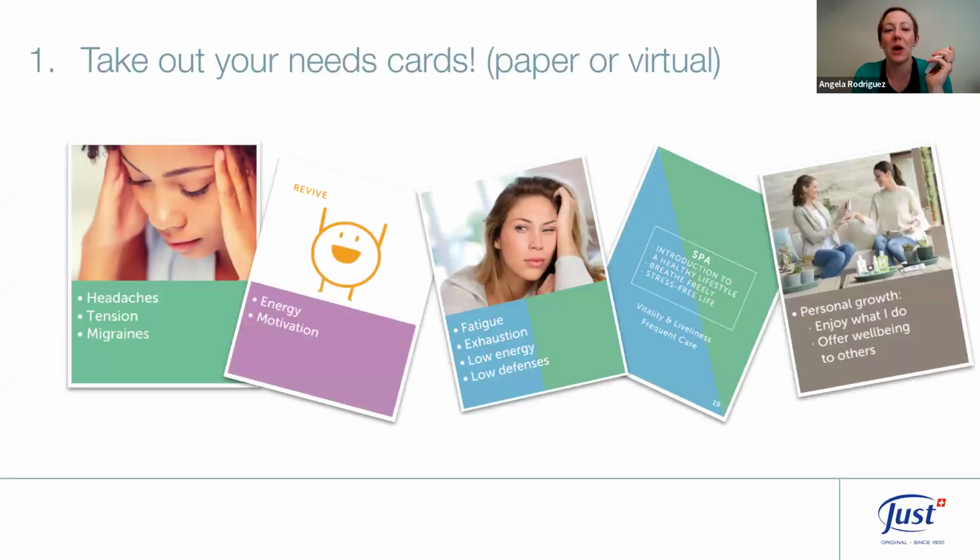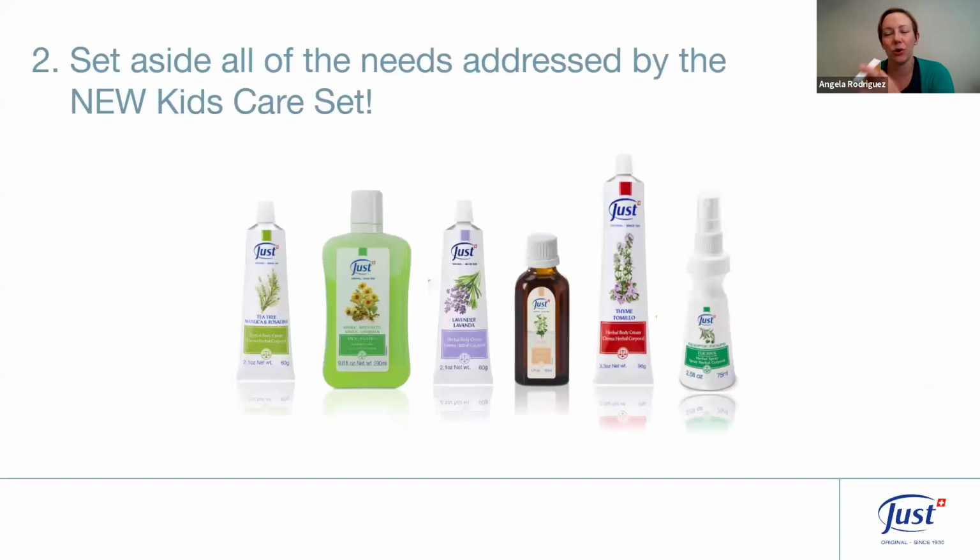I would like everyone to take out your needs cards. They can be paper or virtual. If you don't have either of those available, go ahead and grab a sheet of paper and you can brainstorm them just off the top of your head. We're going to shuffle through them and make a list, or you can just set them aside. If you've got the real deal here, set aside all the needs that are addressed by the new kids care set.